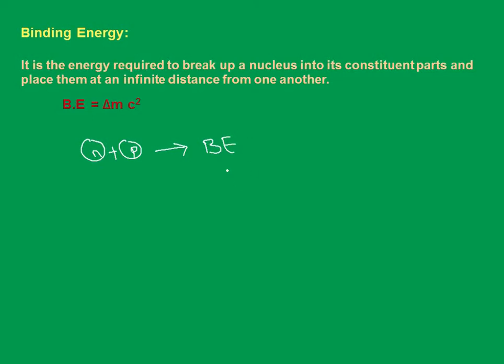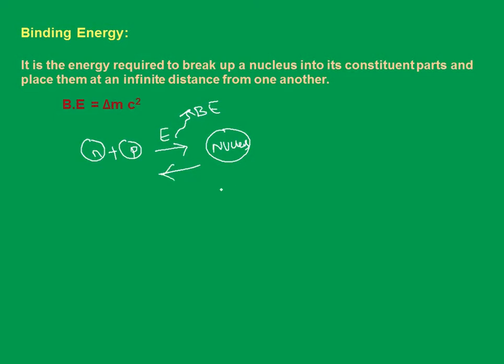Let me draw the figure in another manner. When neutron and proton combine together, we get a nucleus, isn't it? And the energy released in that process we call binding energy. Or you can call it the energy required to break the nucleus into its constituent protons and neutrons, the vice versa situation.